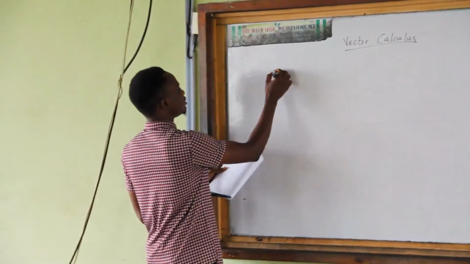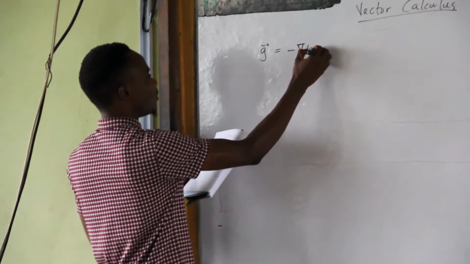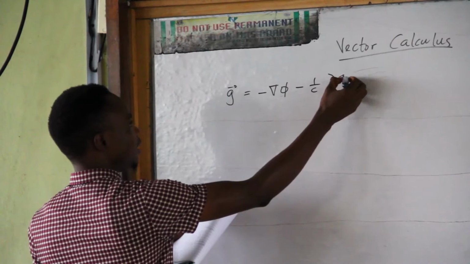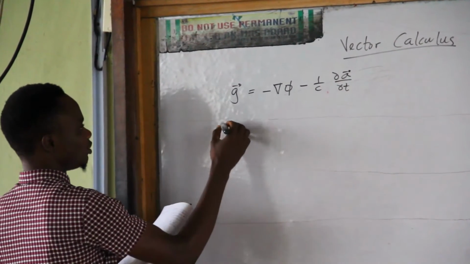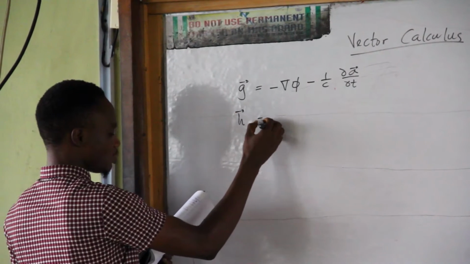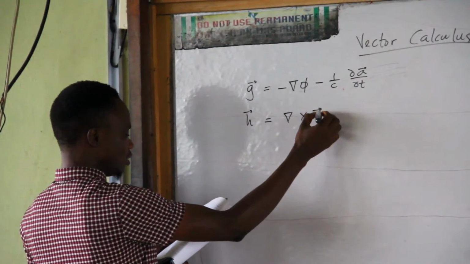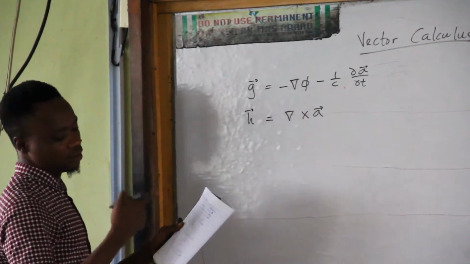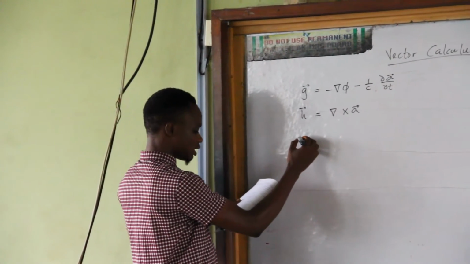So we have been told that G is equal to minus nabla phi minus 1 over C del A del T. And we have been told that H is equal to nabla cross A, and then we are also given that these conditions are satisfied. These conditions are also part of those things we are given.